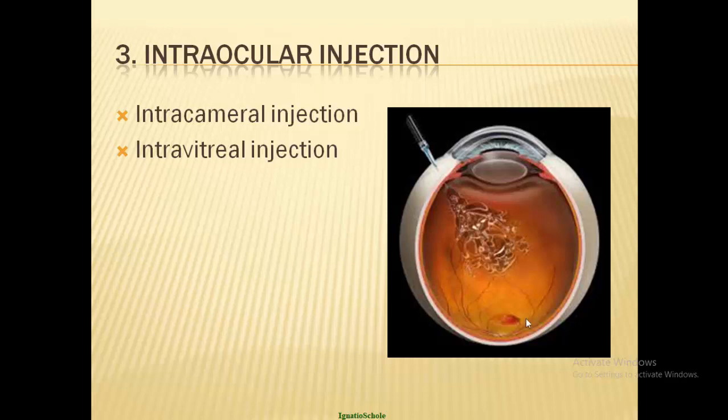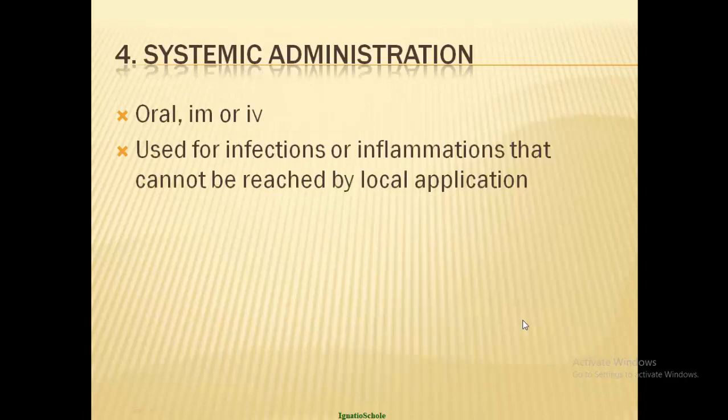The intravitreal route is used to flood the ocular tissues with antibiotics in acute endophthalmitis, and vitreous implants have been used to deliver ganciclovir in the treatment of cytomegalovirus retinitis, and fluocinolone has been given via the intravitreal route for chronic uveitis.